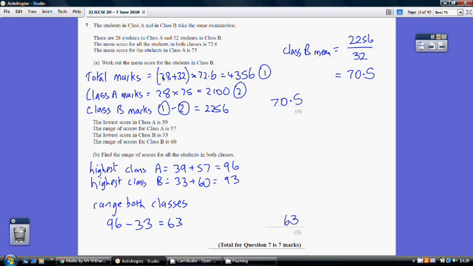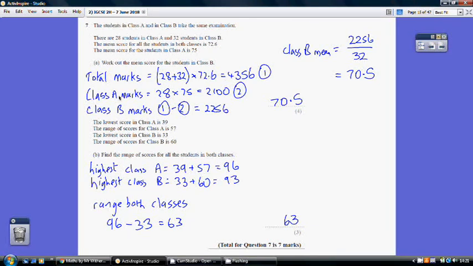So multiply the number of pupils, which is 60, by 72.6, giving us the total marks of 4356. This is easier to see the other way around: the total marks they got is 4356, divide that by the 60 pupils, gives us the mean mark for both classes of 72.6.